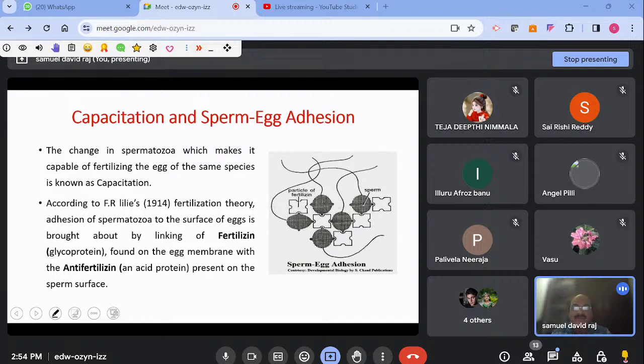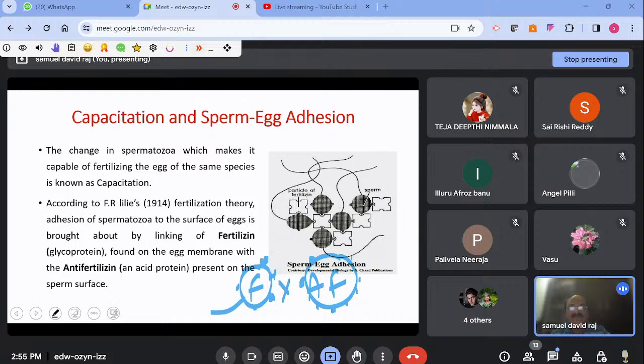According to F.R. Lillie, there are two substances involved. One is called fertilizin, the other is called anti-fertilizin. He says that fertilizin is present on the surface of the spermatozoa and anti-fertilizin is present on the surface of the egg membrane.